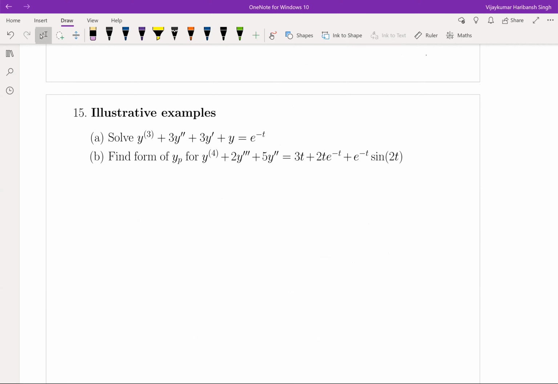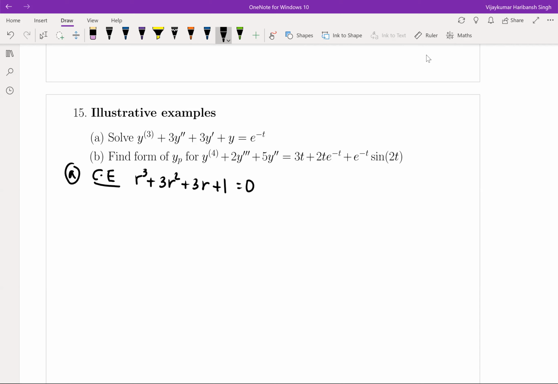Example 1: you have y''' plus 3y'' plus 3y' plus y equals e to the power t. Always the first step is to find the characteristic equation and see what solution we get. The characteristic equation is r cubed plus 3r squared plus 3r plus 1 equals 0.